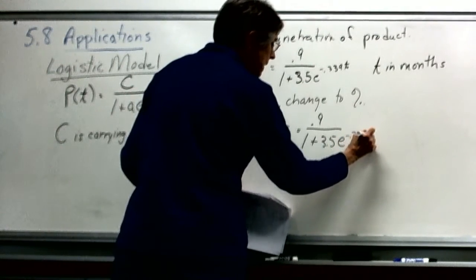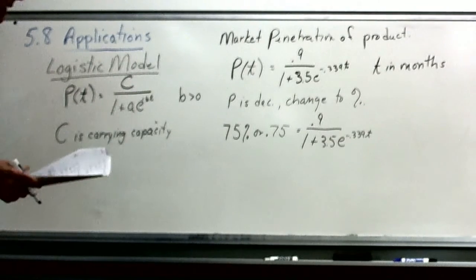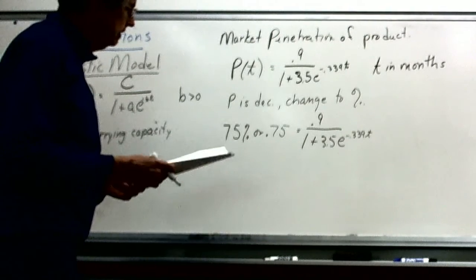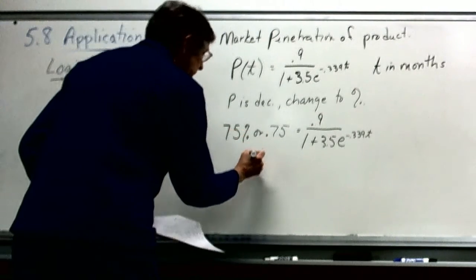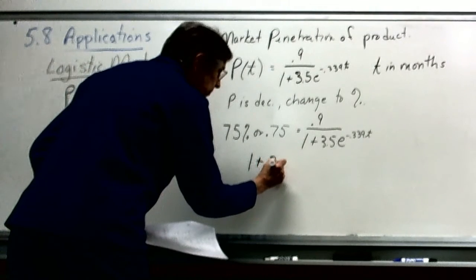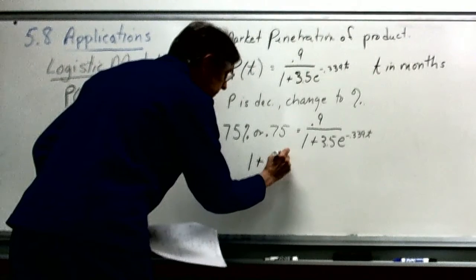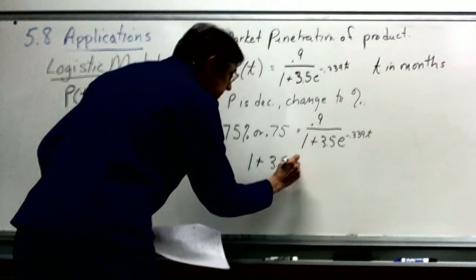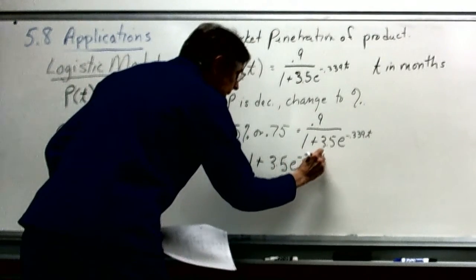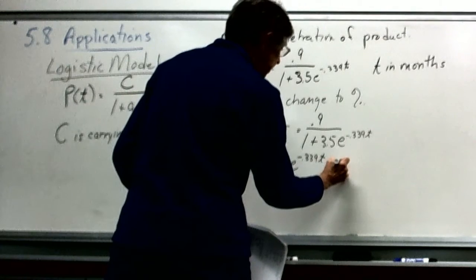0.339 t. So I'm going to do some algebra. I'm solving for t. I want to get the e term by itself. So first we'll bring that over to the right side. We're just multiplying both sides by our common denominator. And dividing both sides by 0.75.